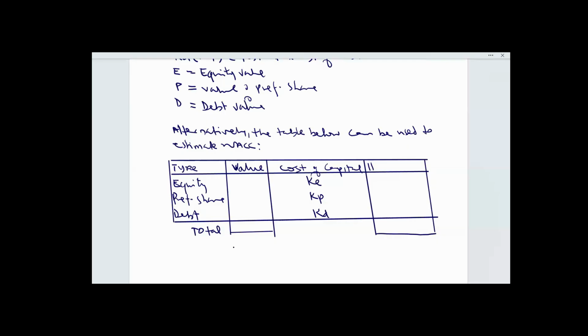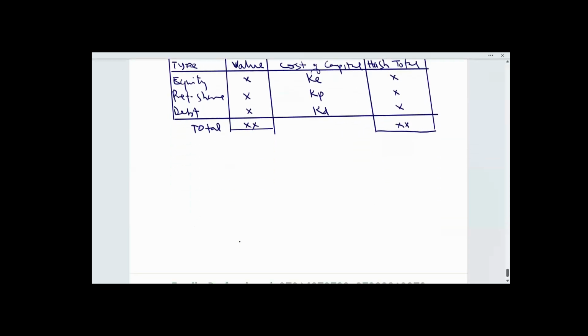So here you are going to have a sigma total. The value of each individual source of finance, put it there, sum it up. The value multiplied by the cost of individual capital, you put it under the sigma total. You add everything up.